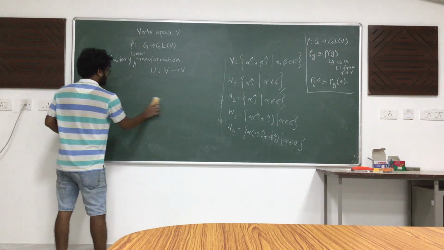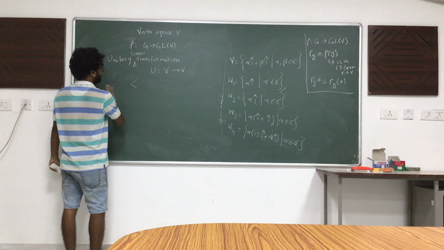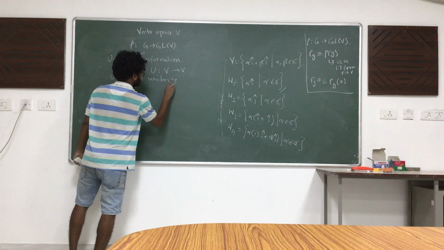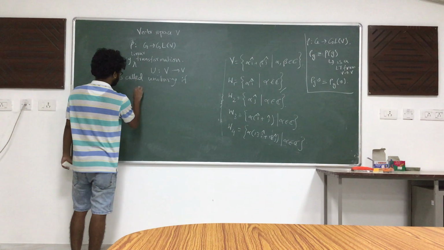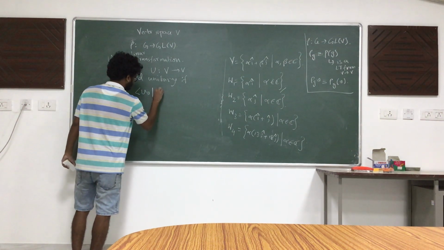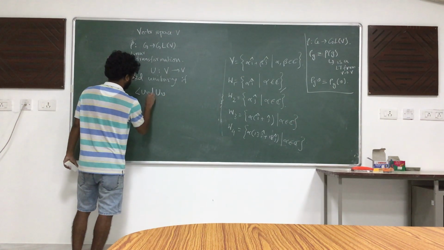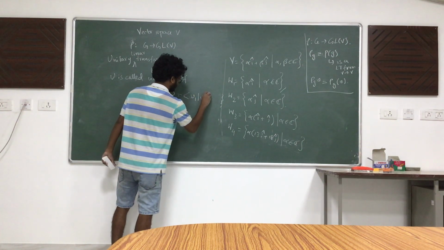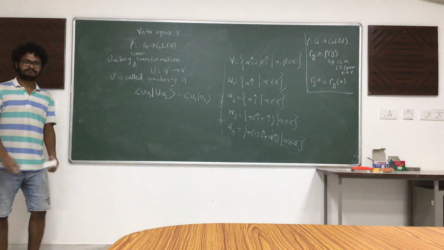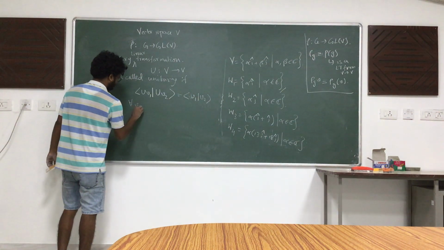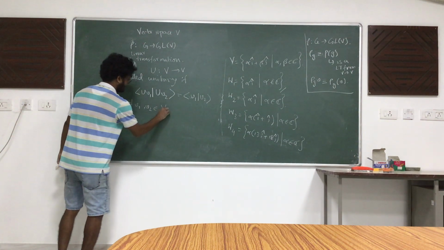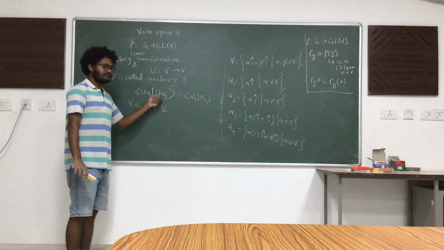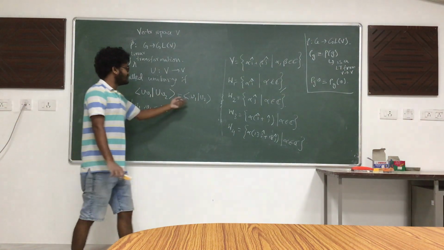But an even more general definition is that U is called unitary if this condition holds for all vectors: after acting on the vectors, the inner product does not change.